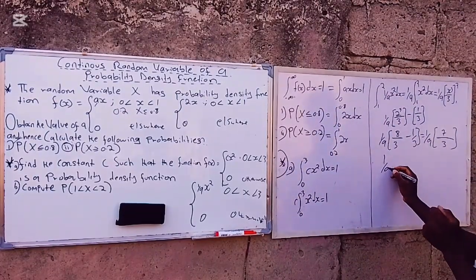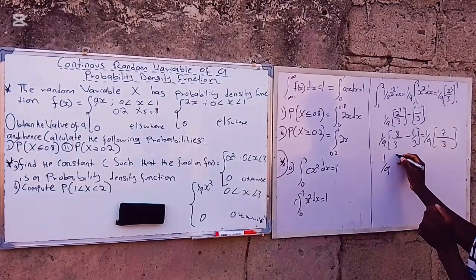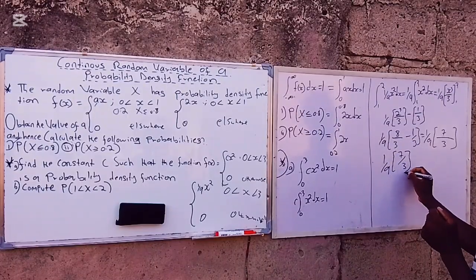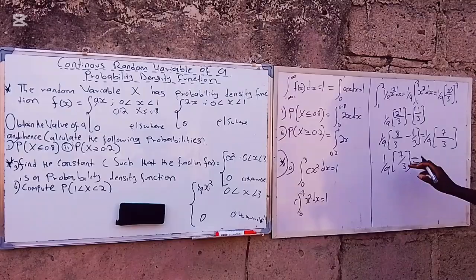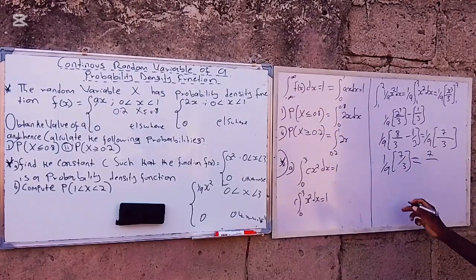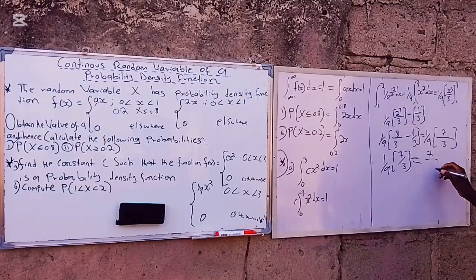So I have 1 over 9 of 7 over 3. This should now be equal to 7 multiplied by 1, which is 7, divided by 9 multiplied by 3, which is 27.